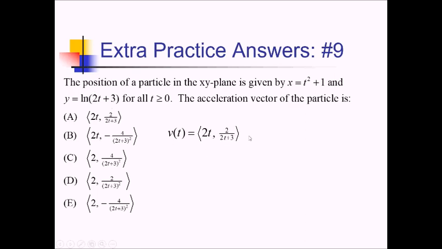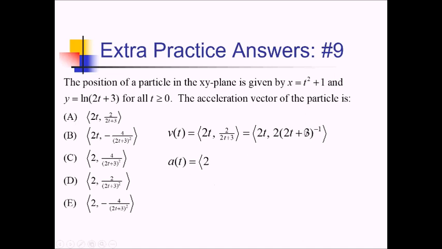And I'm just going to rewrite this, because I know I'm taking another derivative. So I'm going to rewrite this y prime as 2 times 2t plus 3 to the negative 1. All right, let me go ahead now for the acceleration and take another derivative of each of these components. So derivative of 2t, x double prime, is going to give us just 2.